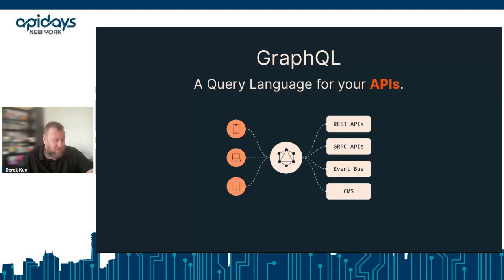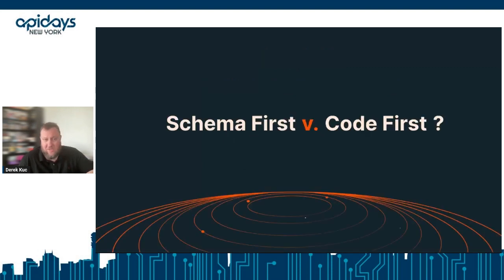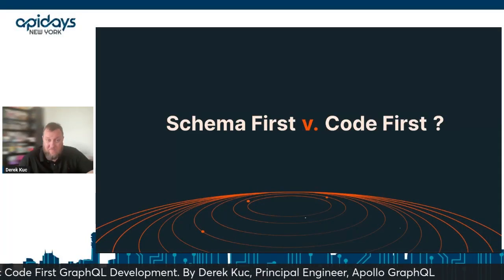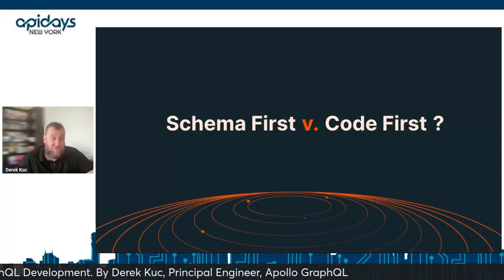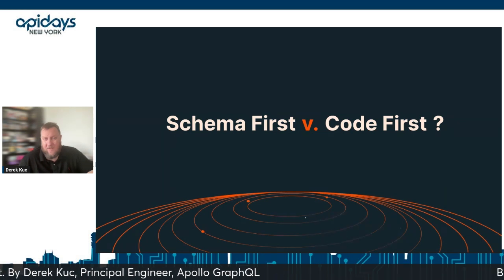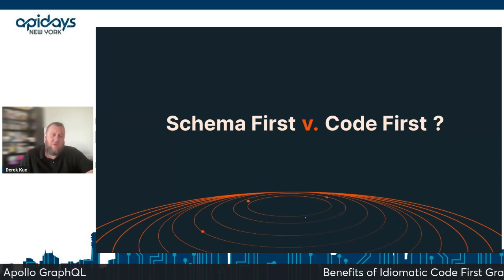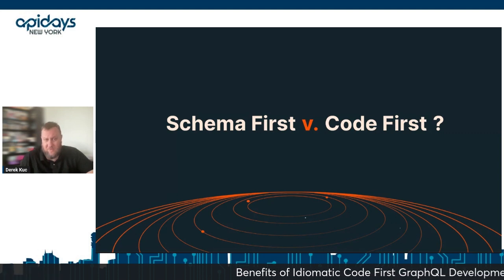There are tons of implementations out there of GraphQL covering pretty much any major language and framework. When we look at those libraries, they will generally fall into two categories. They're either schema first or code first libraries. What those mean is basically they describe how you build your GraphQL server.